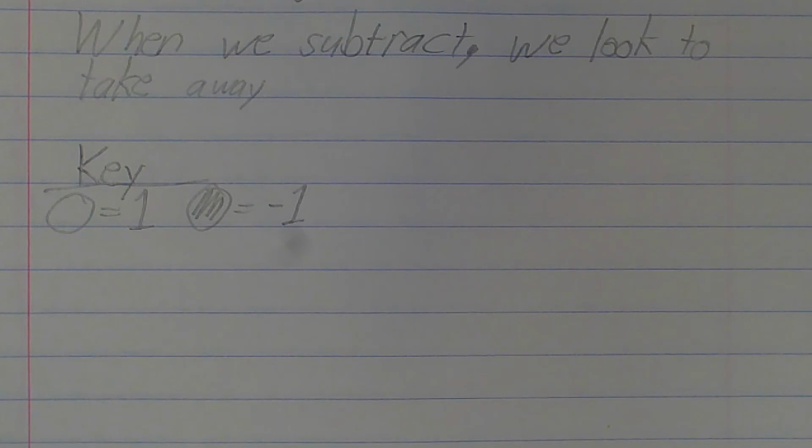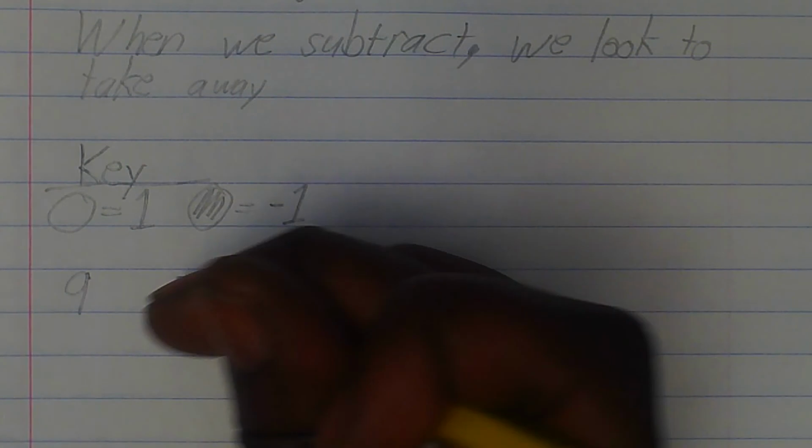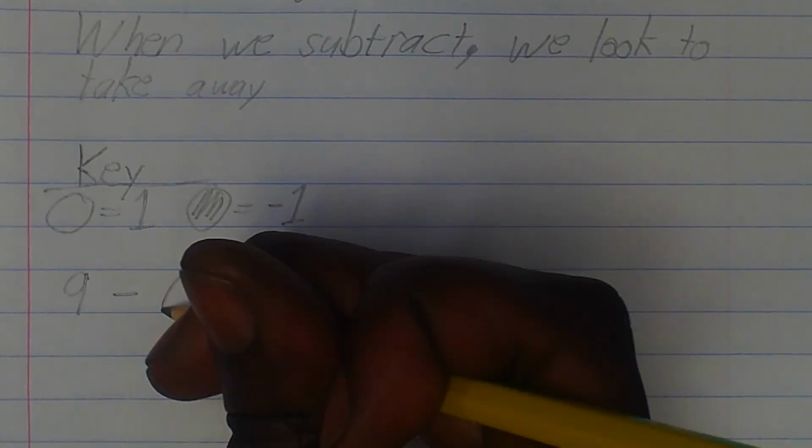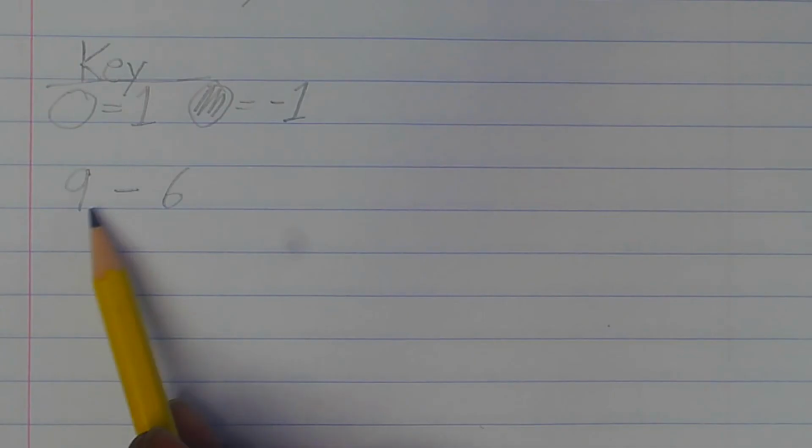So if we have the following problem, let's say we have 9 minus 6. Okay, so now we have to represent the first value. So we need 9 positive counters.